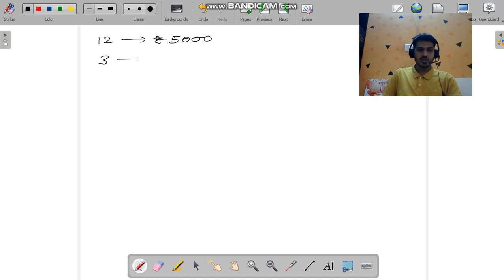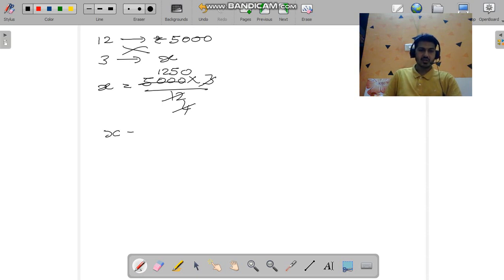So the 3-month cost will be x. Now use the unitary method. So x is equal to 5000 multiply 3 upon 12. Now 3 table 12 comes 4 times, and 4 table 5000 comes 1250. So the cost for 1 meter square for 3 months will be rupees 1250.